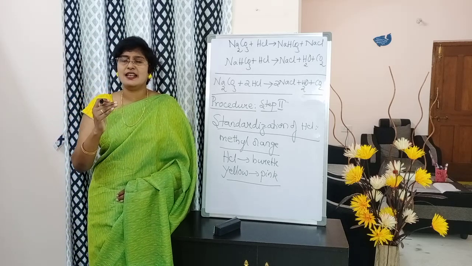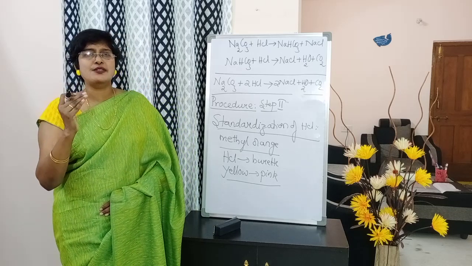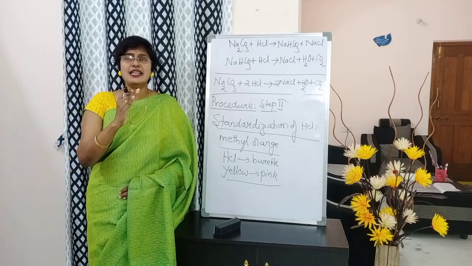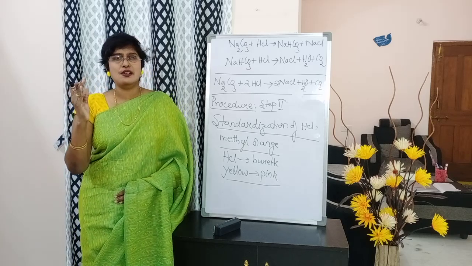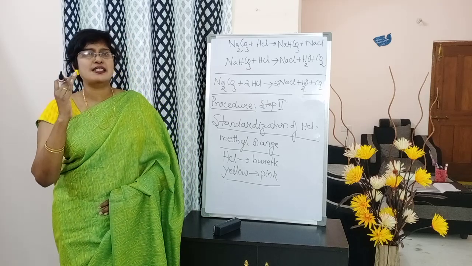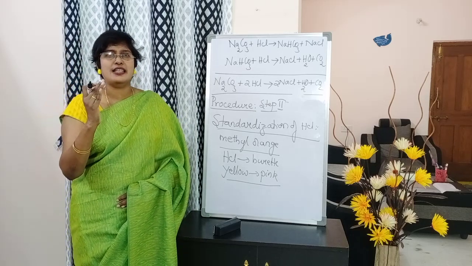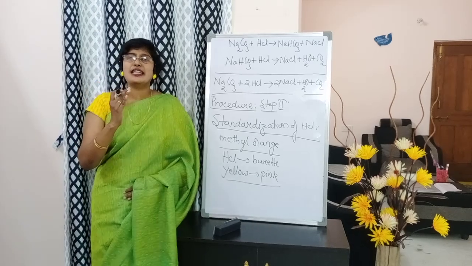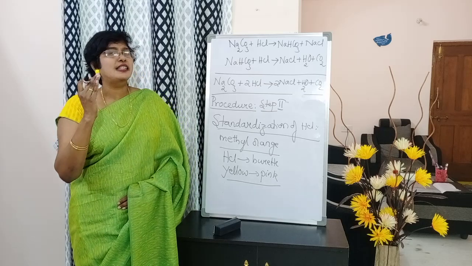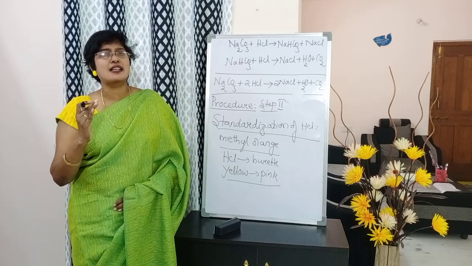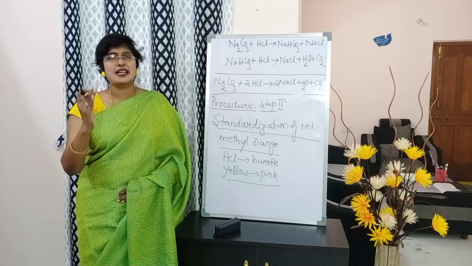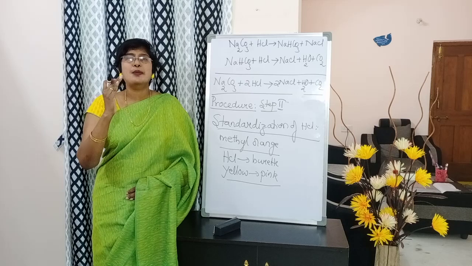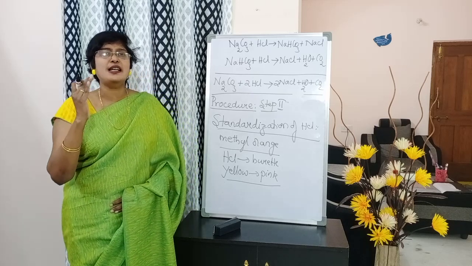against HCl. HCl will be given to you in a beaker. From that beaker, you will fill the burette with this HCl solution. You will fix the burette to a stand and start titrating the solution in the conical flask. You will titrate until the yellow colored solution in the conical flask changes into pink color. Stop titrating when the solution turns pink, because pink color is the end point.